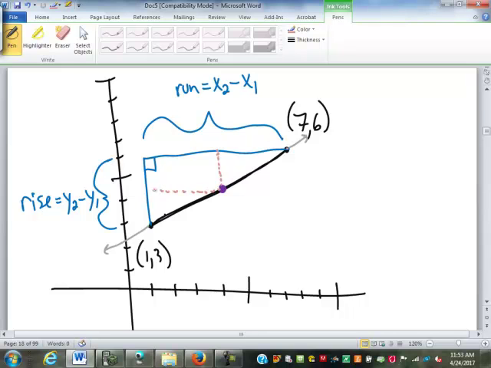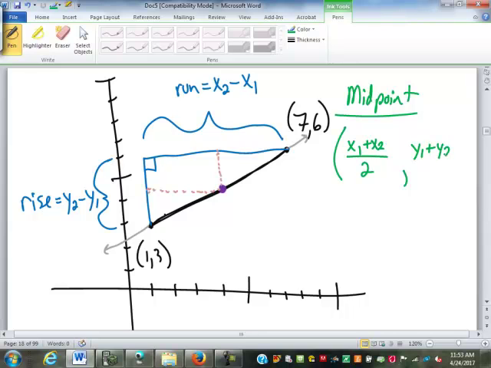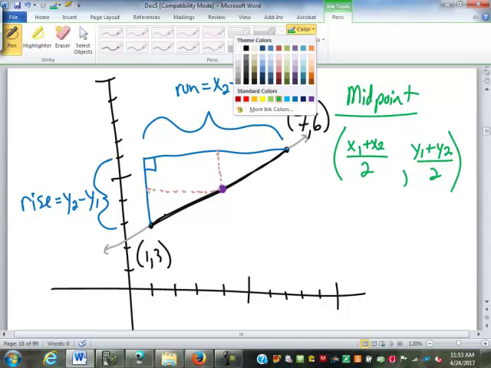Trace it this way, the y-coordinate is going to be right in the middle between the two y-coordinates. So the midpoint is found by averaging together the coordinates. So the x-coordinate is just the average of the x-coordinates, so x1 plus x2 over 2. And the y-coordinate is the average of the y-coordinates, so y1 plus y2 over 2.